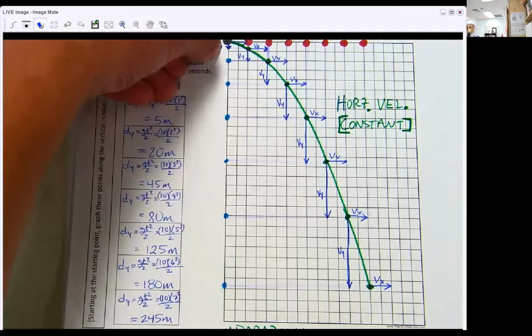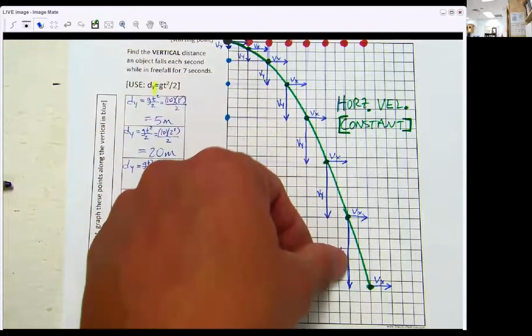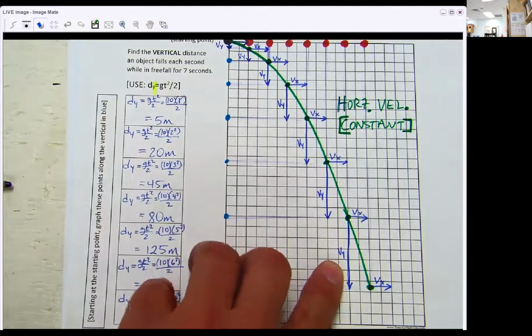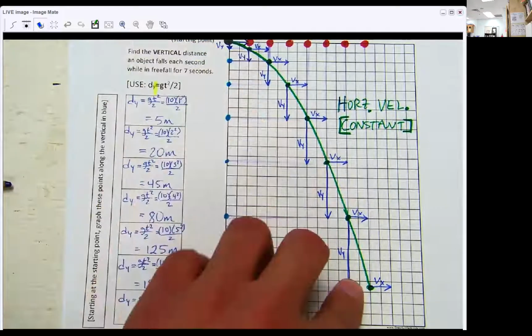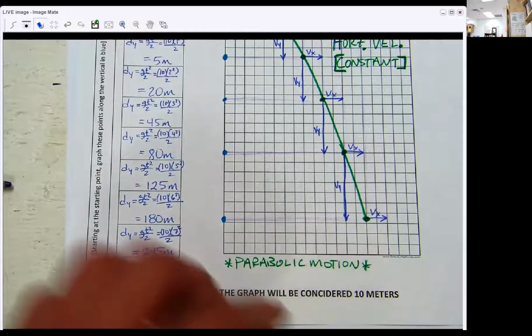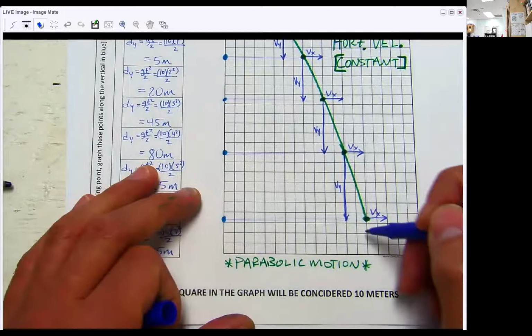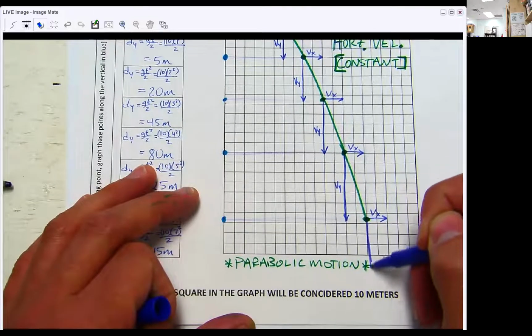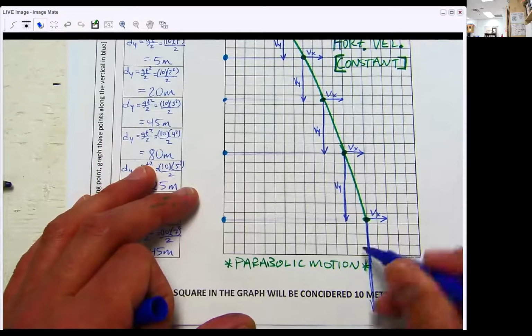You start with this teeny tiny little arrow here, and then they get longer and longer and longer until you get to this end. Down here at the bottom, I know we run out of space, but as long as we draw an arrow that's a little bit longer than that, you can do that if you want. You don't have to.